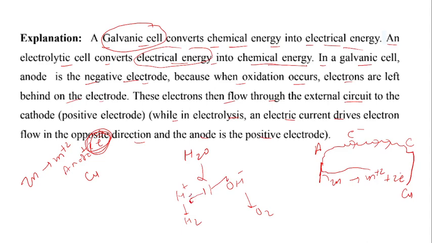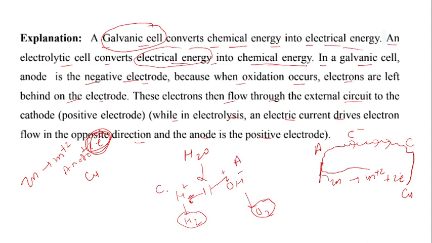Because it is negative, the hydrogen ion will gain an electron and convert to hydrogen gas, whereas OH- is attracted toward the positive electrode and makes oxygen here. So where the reaction is happening, the anode is the positive electrode.